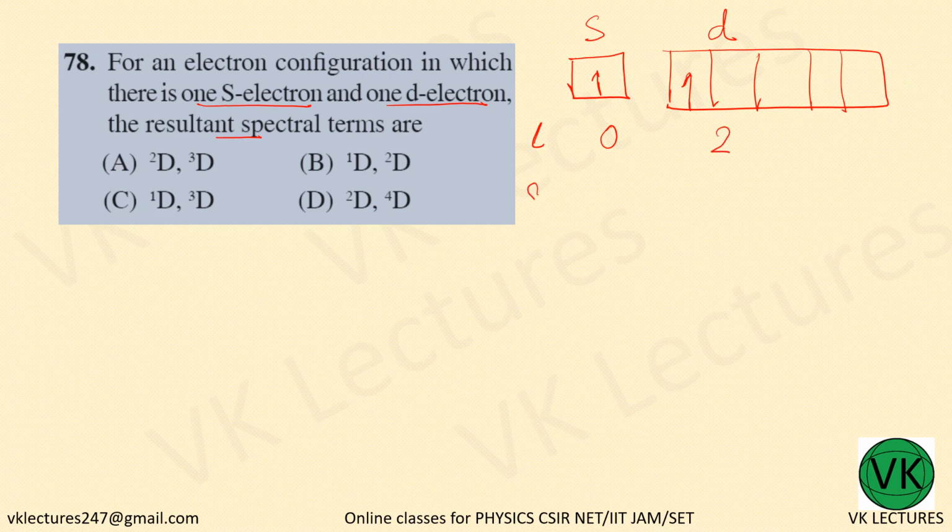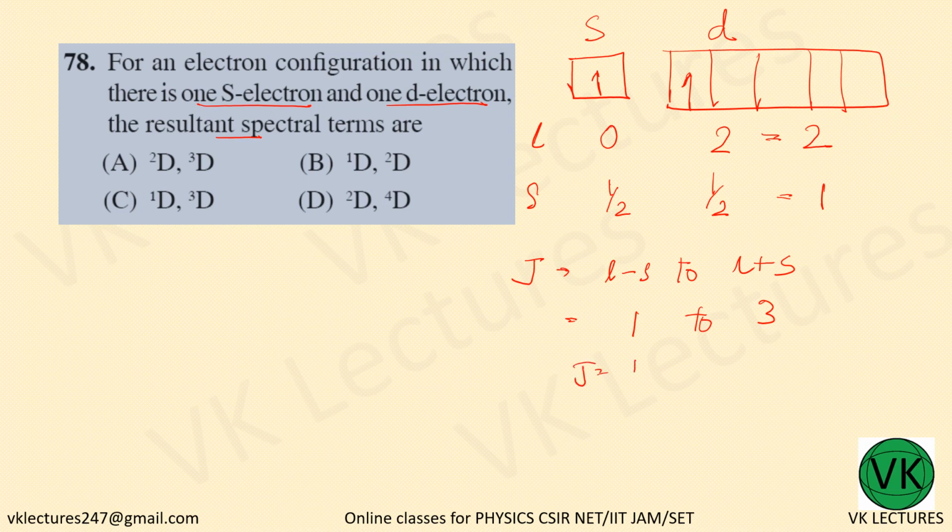Spin s is equal to half for each electron. Total L is 0 plus 2, that is 2. Total S is half plus half, that is equal to 1. Now J values run from L minus S to L plus S, which is 1 to 3. So J values are 1, 2 and 3.